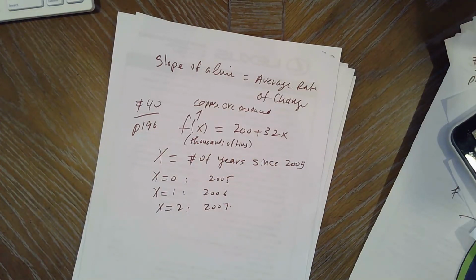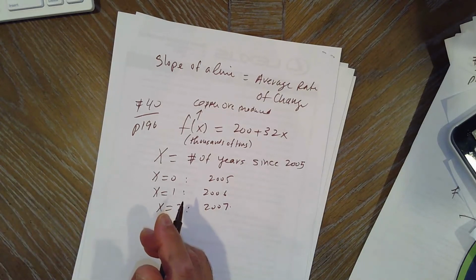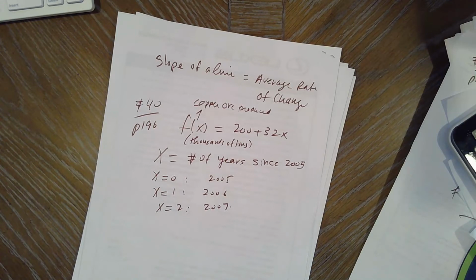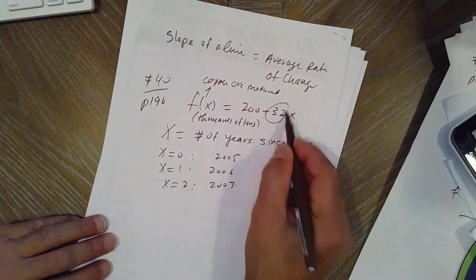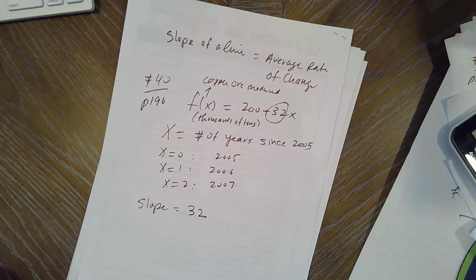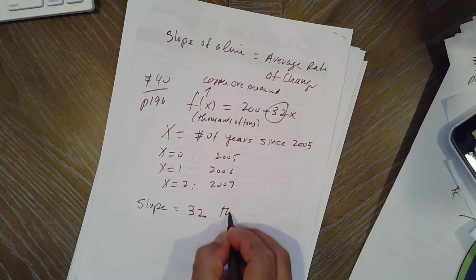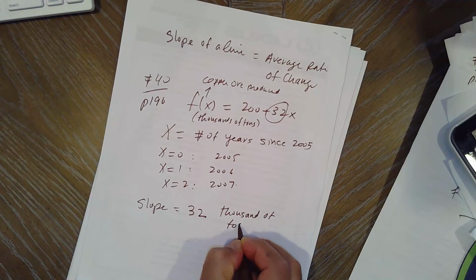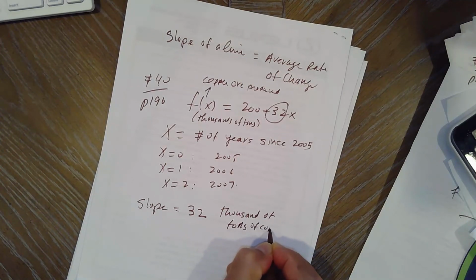Sketch a graph of f, so you can sketch the graph. Okay, I'm not going to do that. You can graph it, you should be able to. What is the slope of the graph? So the slope of the graph right there is 32, and it's thousands of tons of copper.